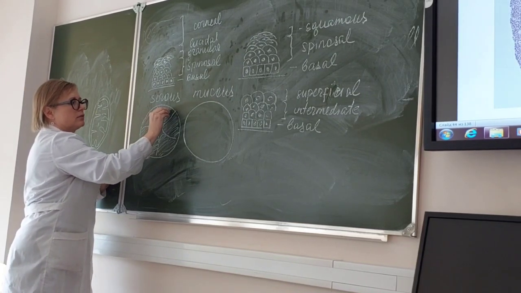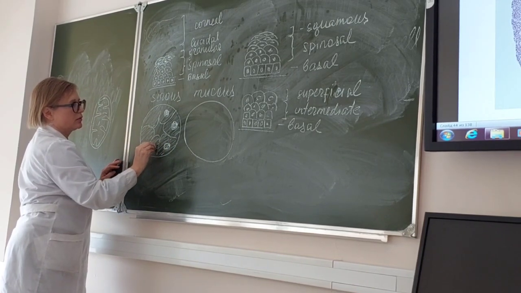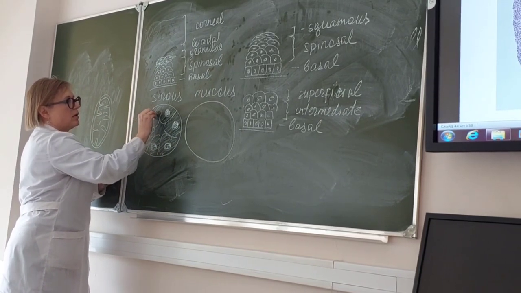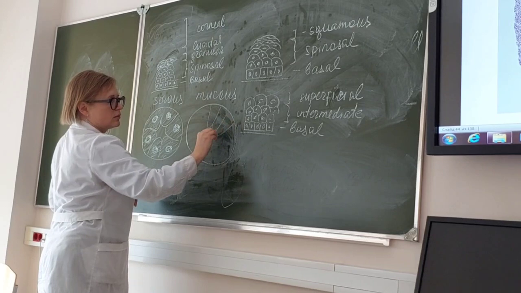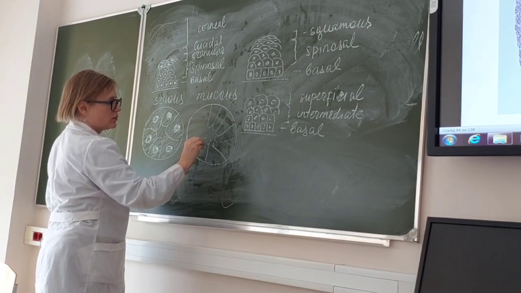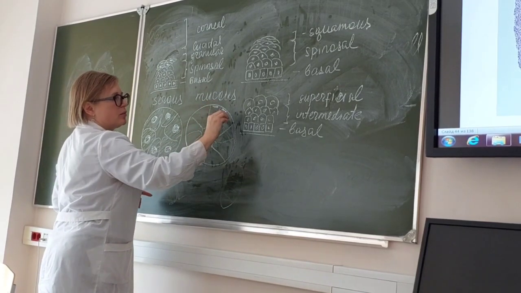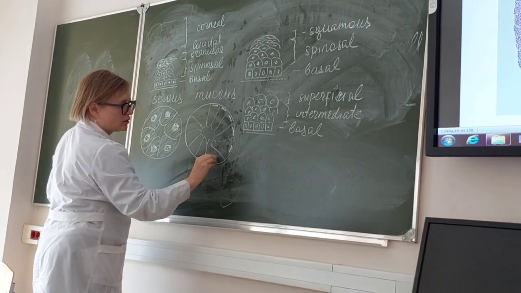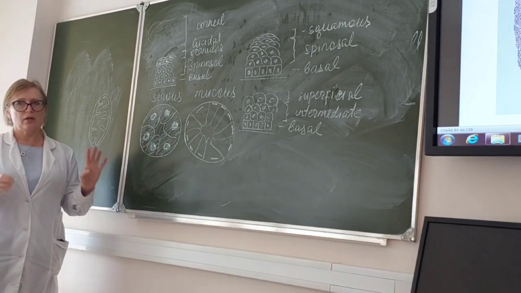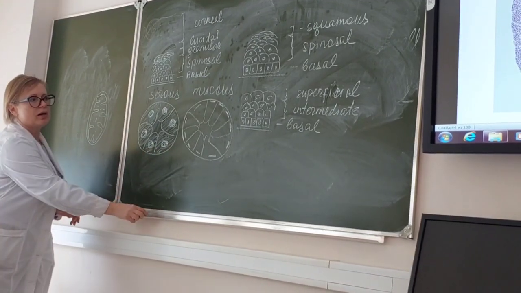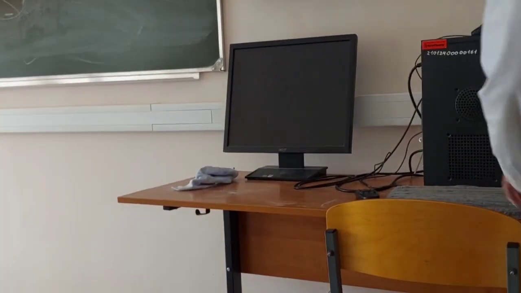Round nuclei, approximately in the center. Mucus cells are more columnar. Unstained, and nuclei flattened in the basal part. It's enough, and you can identify these without any difficulty.